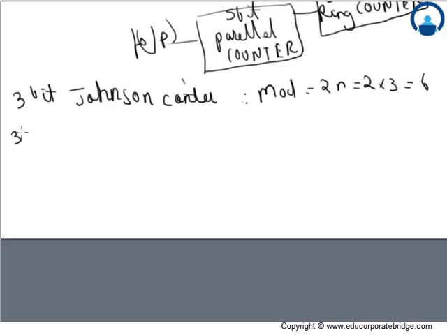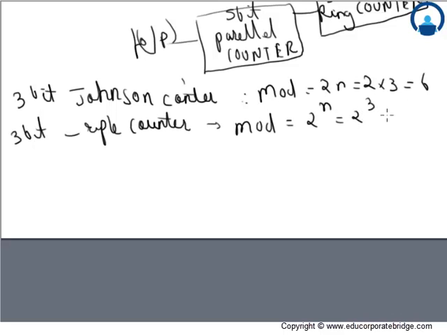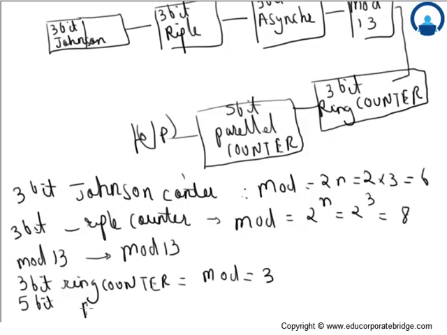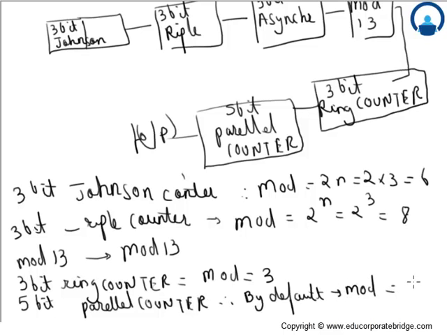The 3-bit ripple counter has modulus 2 raised to n, so 2 raised to 3 is 8. For the mod 13 counter, the modulus is 13 itself. For the 3-bit ring counter, its modulus is 3. The last is the 5-bit parallel counter, whose modulus is 2 raised to 5, which is 32.